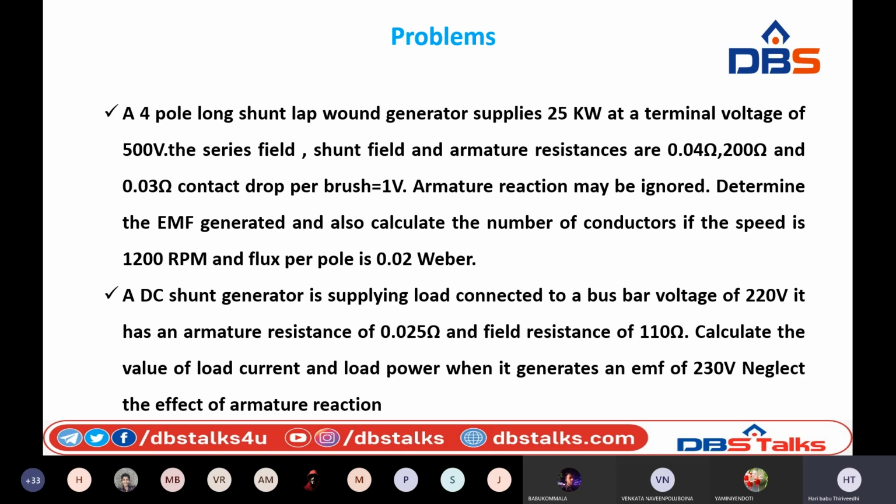Therefore IL is equal to IA minus ISH. After finding the IL value, power developed P is equal to V into IL. Like that, you have to easily determine the values.